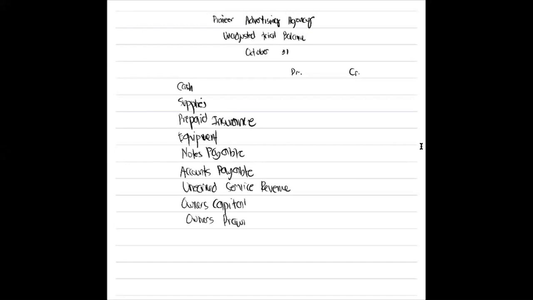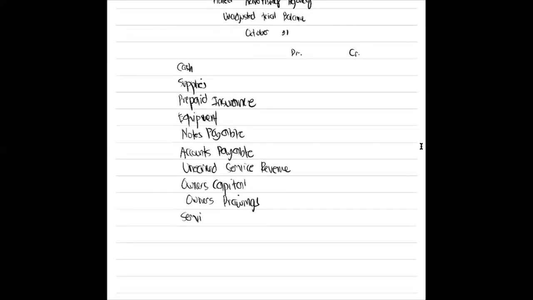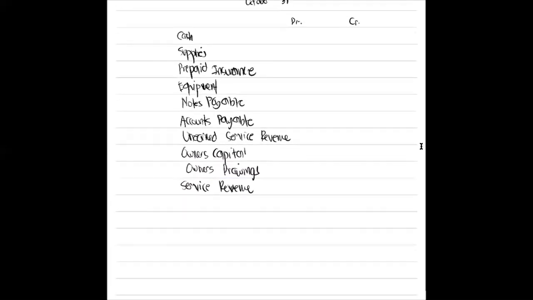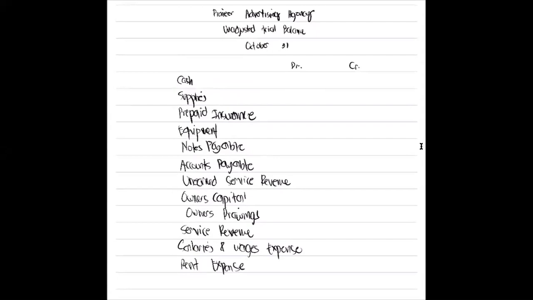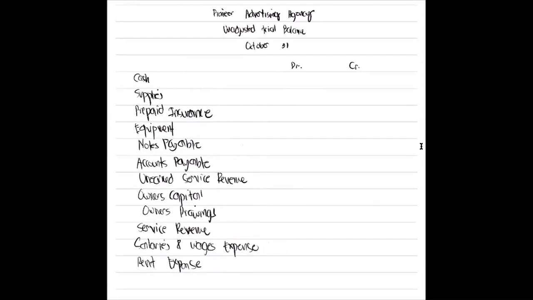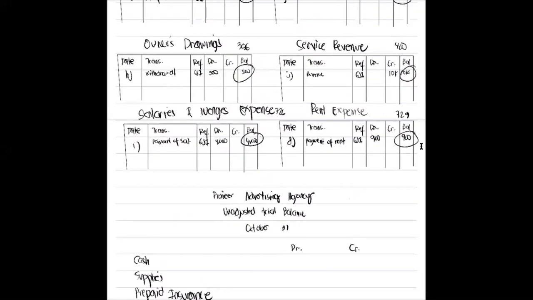We also have your notes payable, accounts payable, unearned service revenue, and then owner's capital, owner's drawings, then service revenue, you also have your salaries and wages expense, and last one, rent expense. Okay, so these are the different accounts that we have listed based on our transactions. And then we just get their balances. So we go now to our ledger.